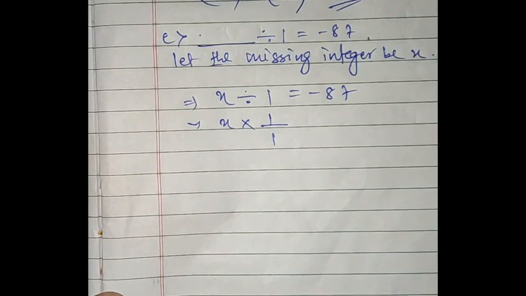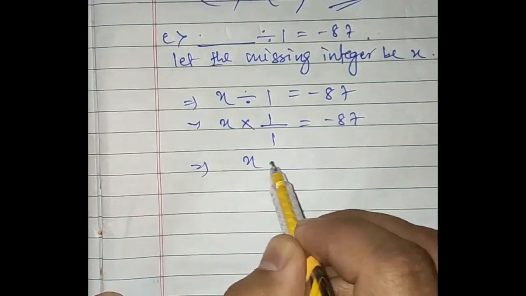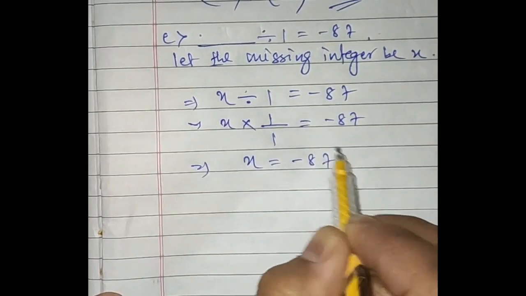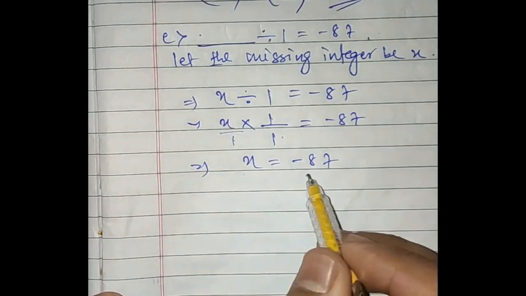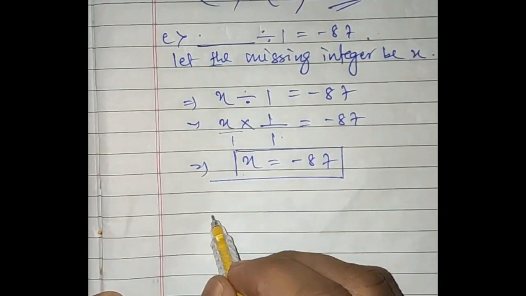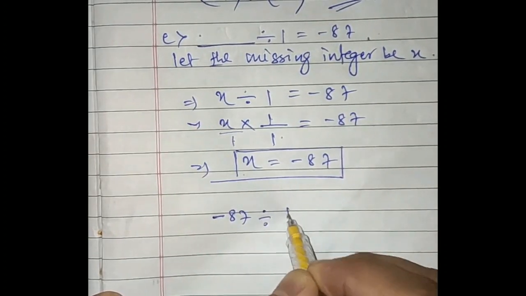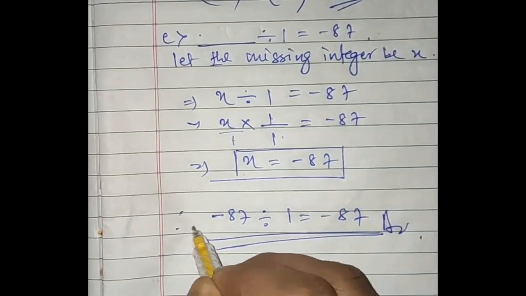Because whatever you do, this is the process, minus 87 is equal to x. x is equal to minus 87, because x into 1 is x, divided by 1 is 1, so I'm not going to write 1 again here. So directly you are going to get the value, that is x equals minus 87. So minus 87 divided by 1 is equal to minus 87. This is our answer. I hope you are clear.